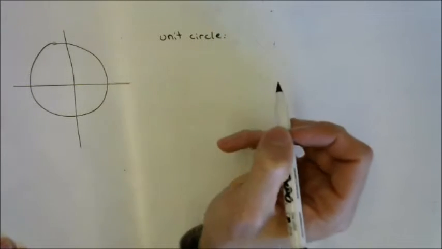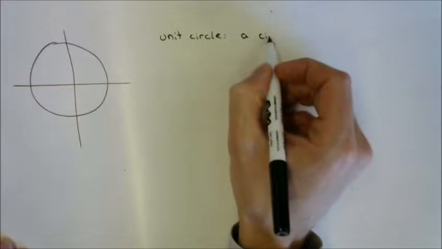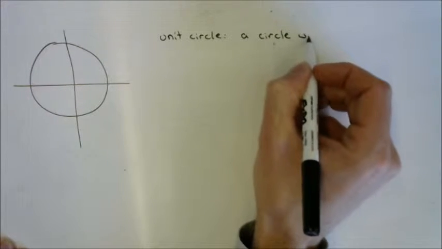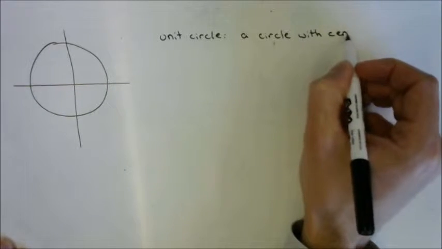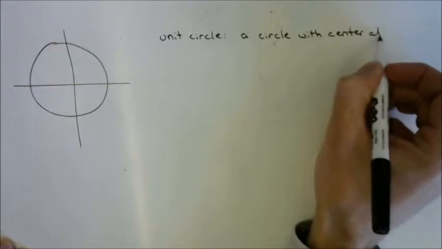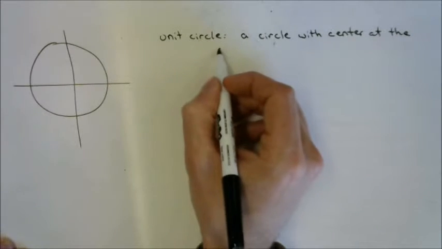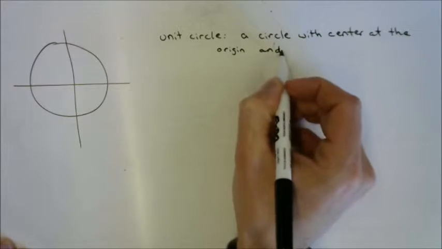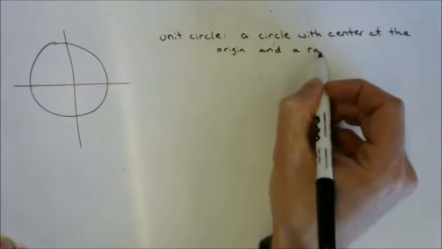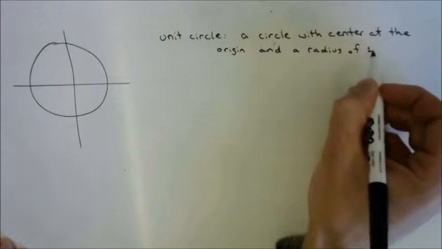A unit circle is a circle with center at the origin and a radius of 1 unit.